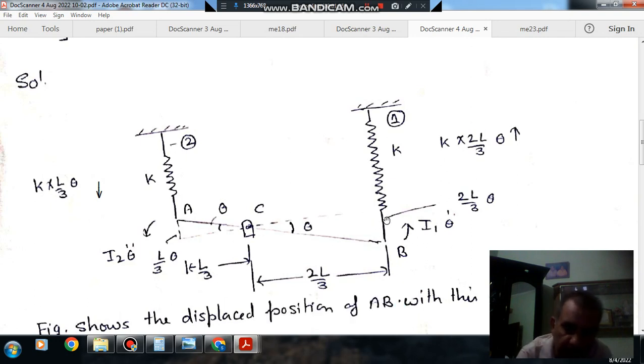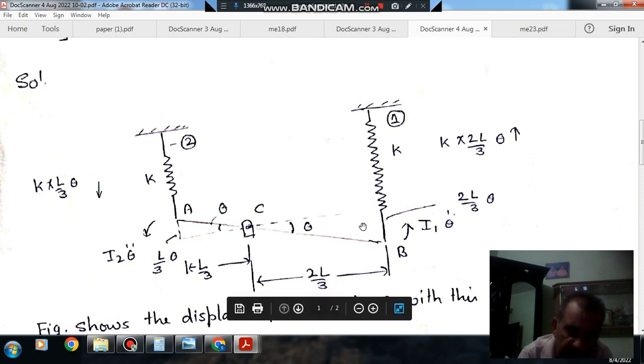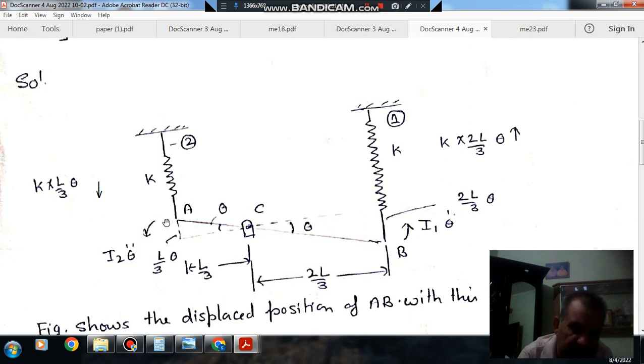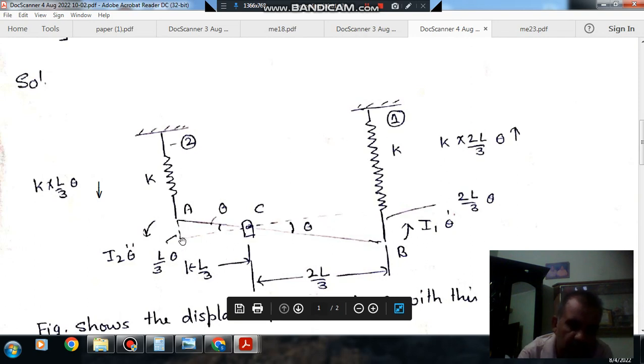The extension of this spring will be radius into theta, that is 2L by 3 theta. Similarly, the compression of this spring will be radius into theta, that is L by 3 into theta.